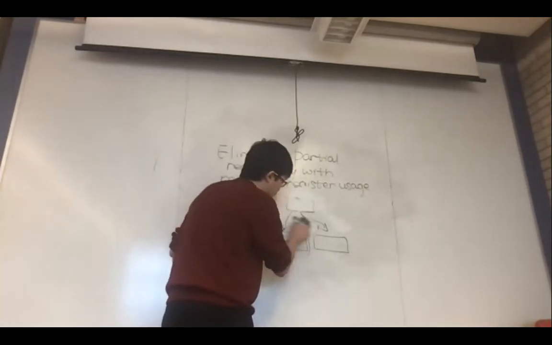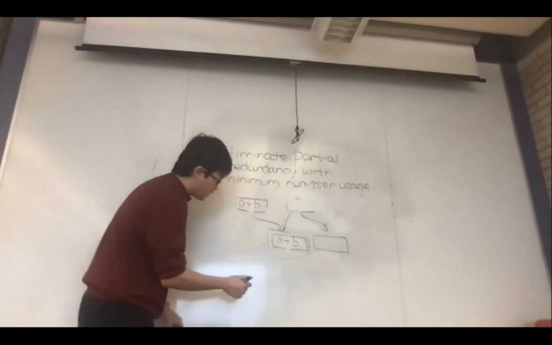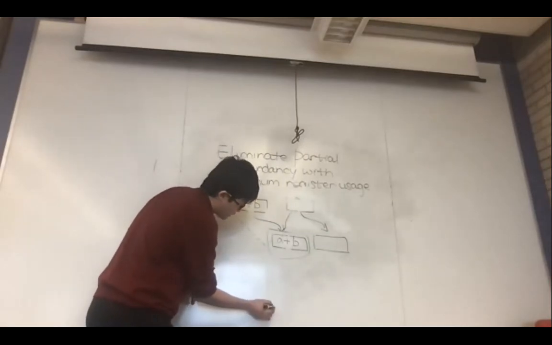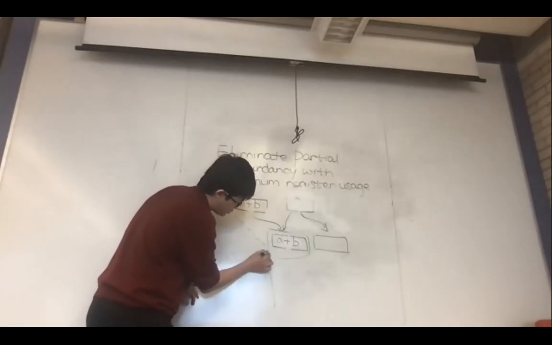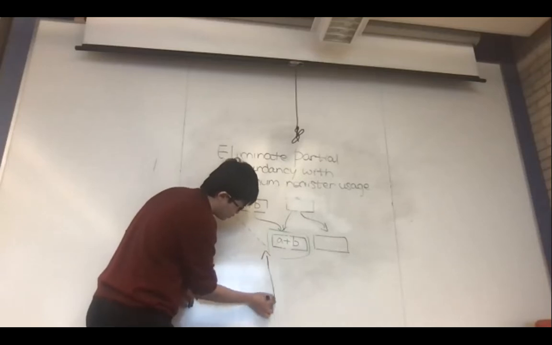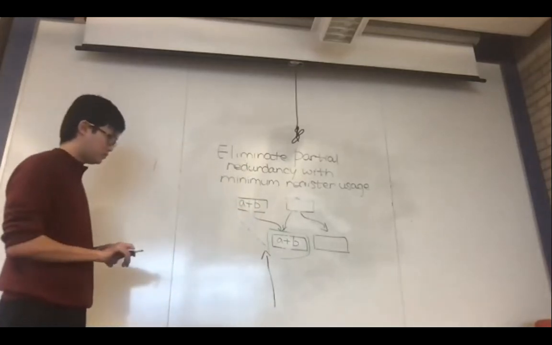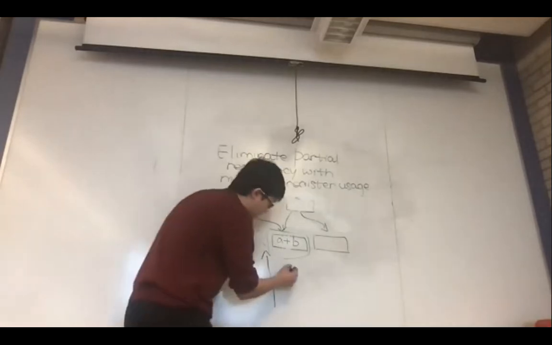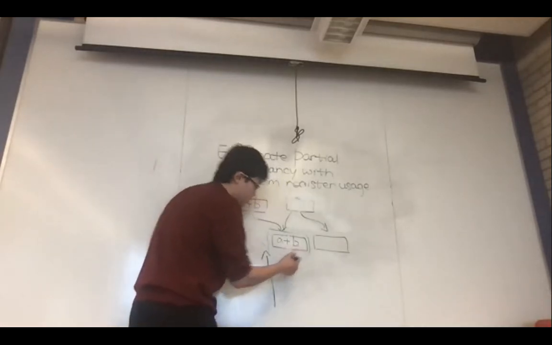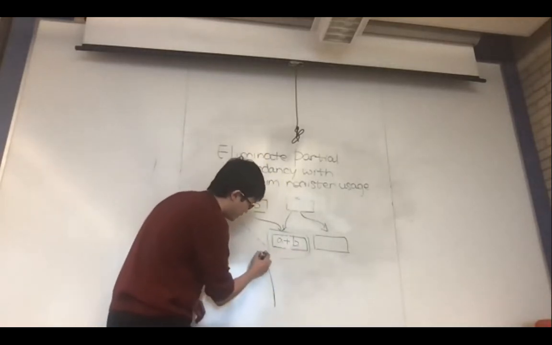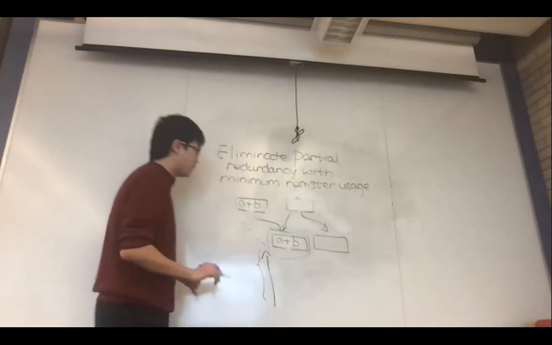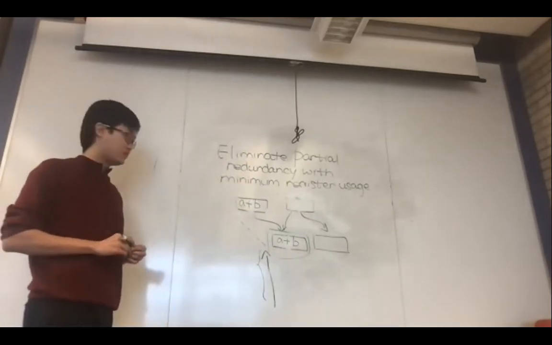So let's now do a backward analysis by looking from the exit up until the current program point here. Because the expression a plus b is not evaluated in this region, it is not anticipated in this region.